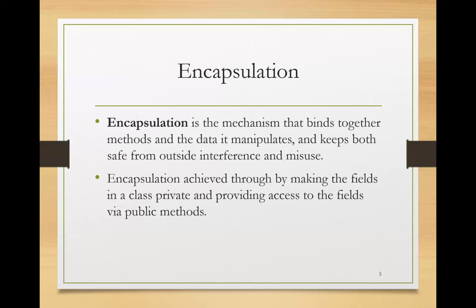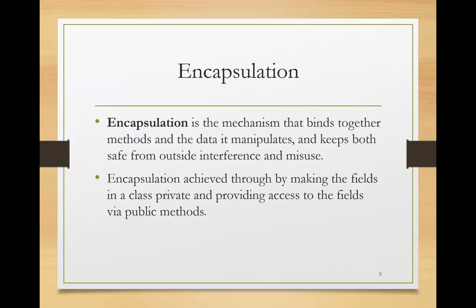For example, if you want to achieve encapsulation, there are two things you have to do. We have just discussed access modifiers. From the access modifiers, you need to remember the private keyword. If you use the private modifier, you are allowing access only within the class itself, class level access.